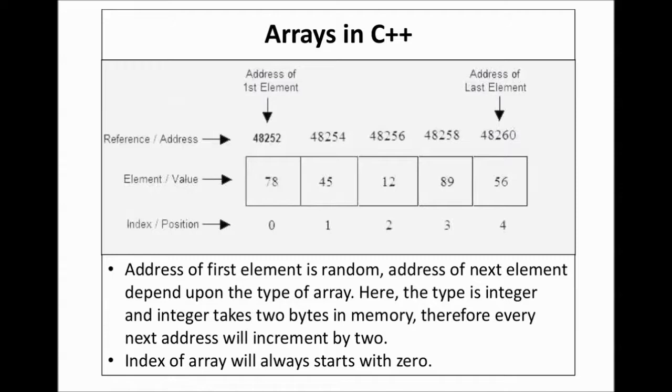Similarly, for each value 48256, 48258, 48260, we see each value has an increment of 2. The index of the array is 0, 1, 2, 3, 4, and these store the values 78, 45, 12, 89, and 56 in the respective positions.